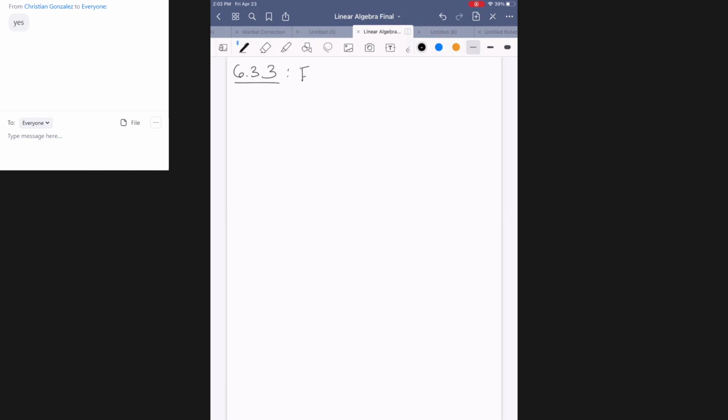So find the coordinates of, let's say, why not, x equals (2, 3) relative to the basis B equals {(1, 0), (1, 2)}. Okay, so all you have to do is do this.